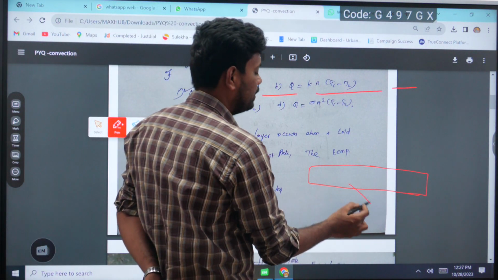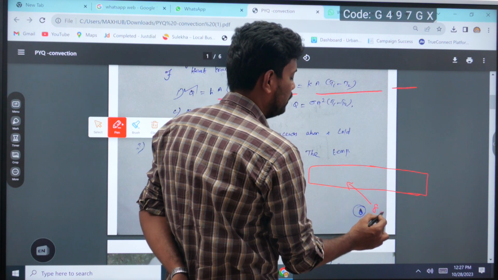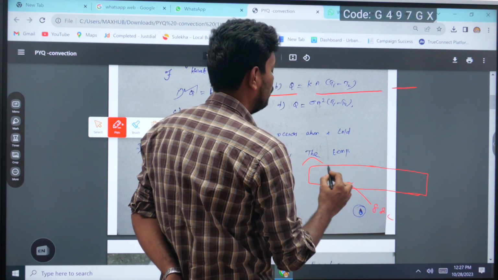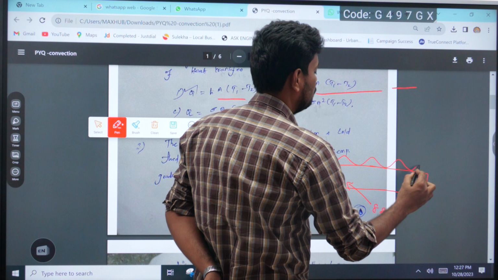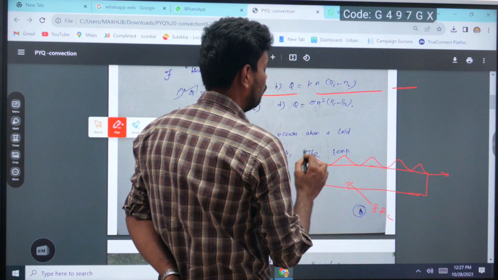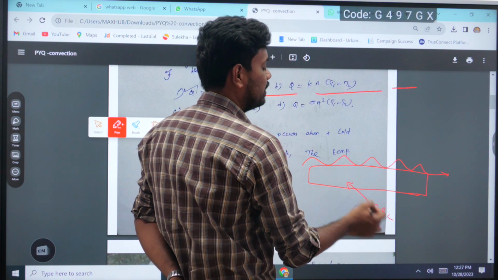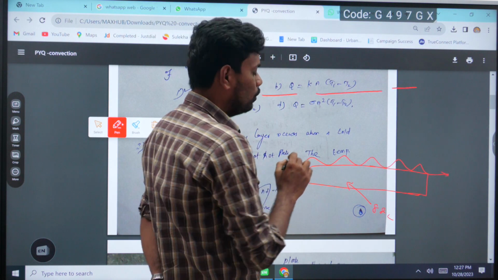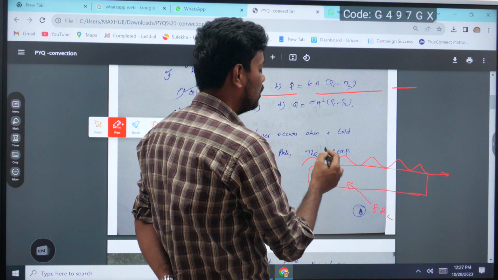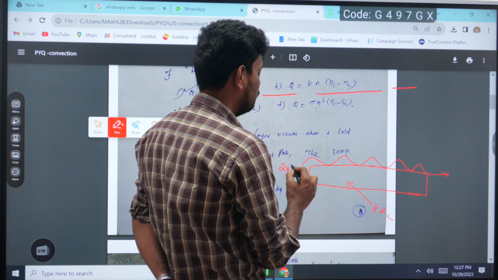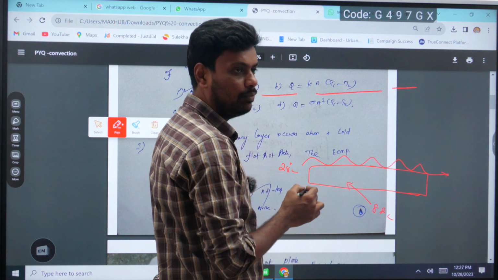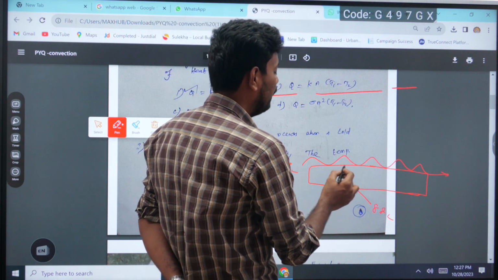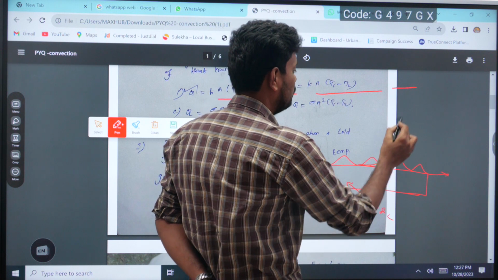So this plate is at some temperature, 80 degrees Celsius. On this plate a fluid is flowing over this plate. What will happen? The fluid temperature will be lesser than that of the plate temperature. So suppose let us take the temperature of the fluid as 28 degrees Celsius, which is flowing over the hot plate. What will happen? The boundary layer will form after some certain distance in x.